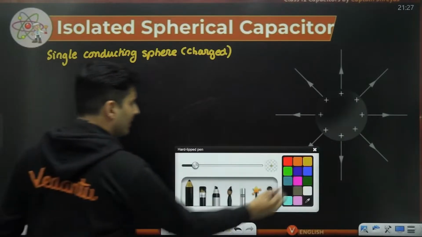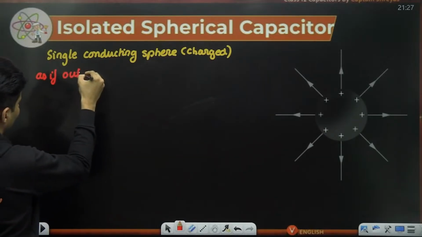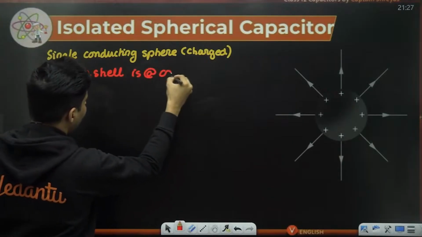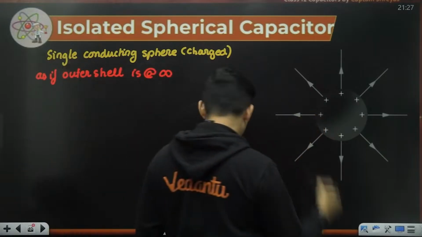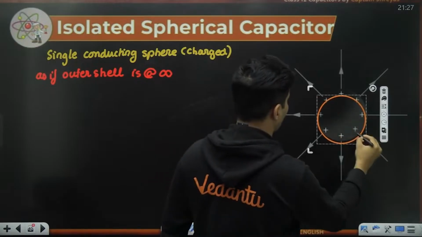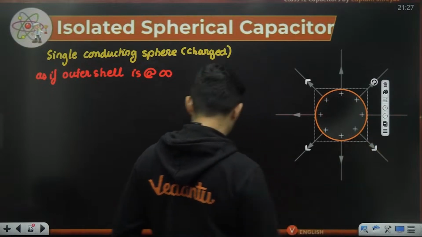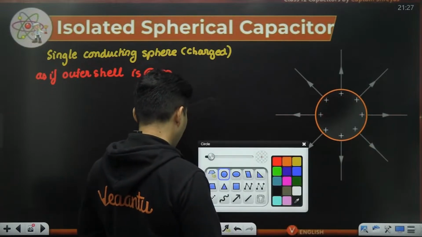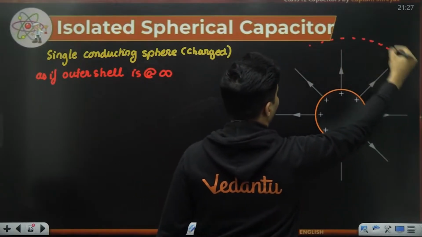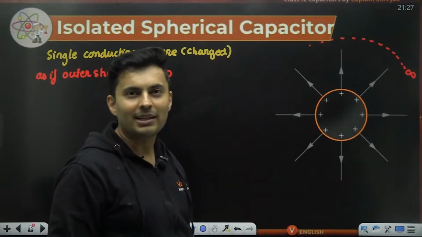Well, you can think as if the outer shell is at infinity, because the electric field lines which come out from this particular shell are eventually reaching infinity. That means they are never ending. So this is infinity, as if the other plate is at infinity.